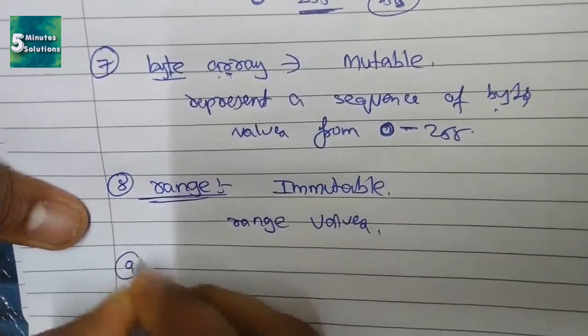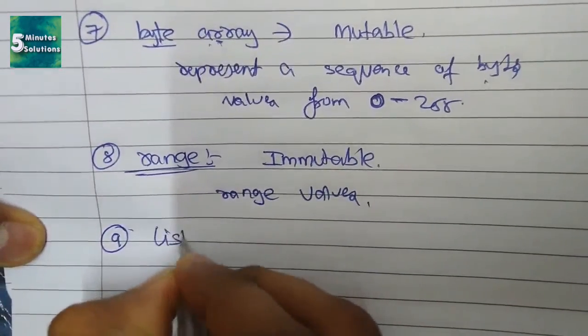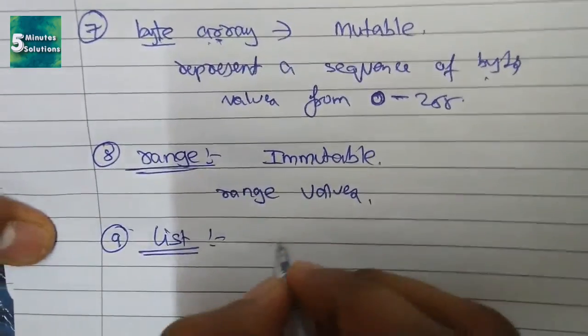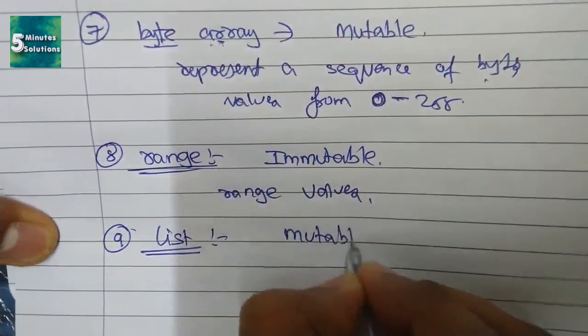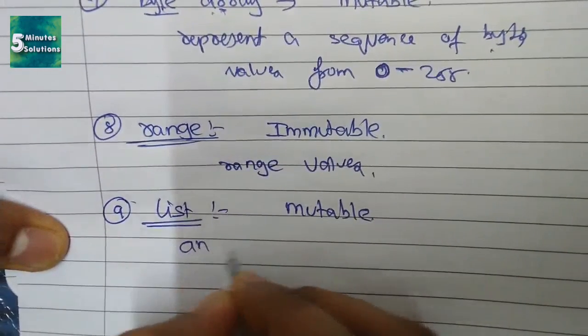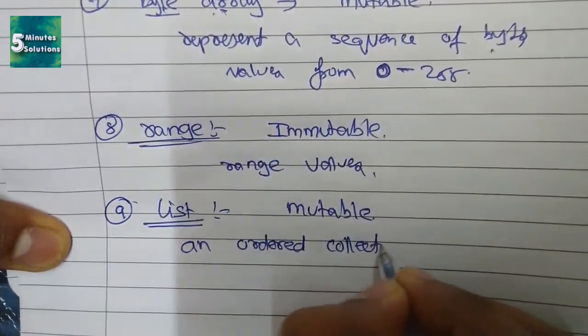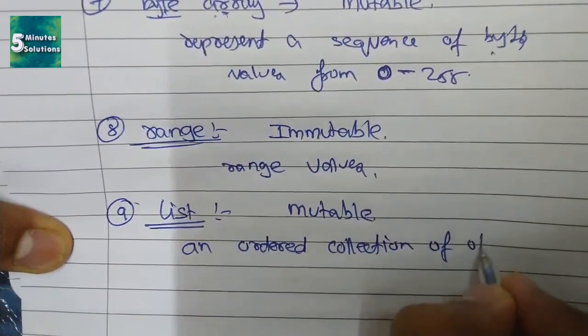Ninth one and the most important one in Python, lists. Lists are mutable, and we use lists to represent an ordered collection of objects.